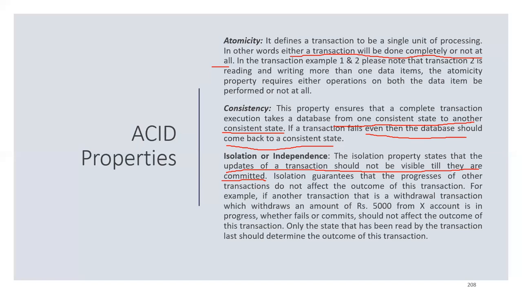Even if the transaction fails, the database is in a consistent state. That means in failure, what will happen? Rollback resets any changes. The outcome is only a database in a consistent state. So this is called ACID properties.